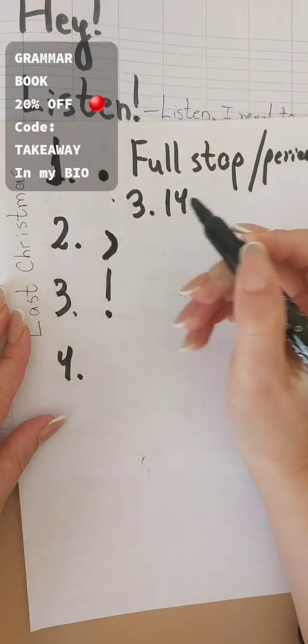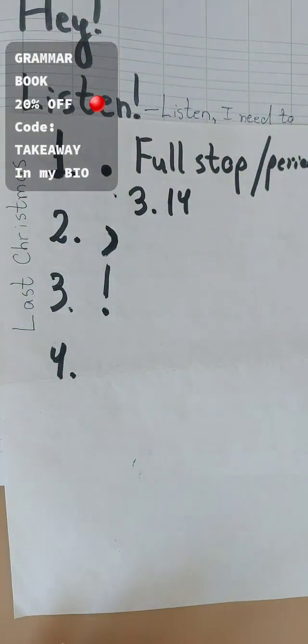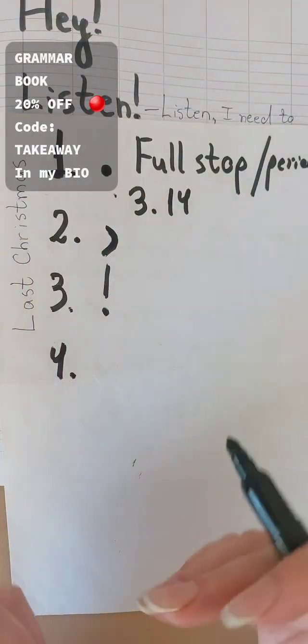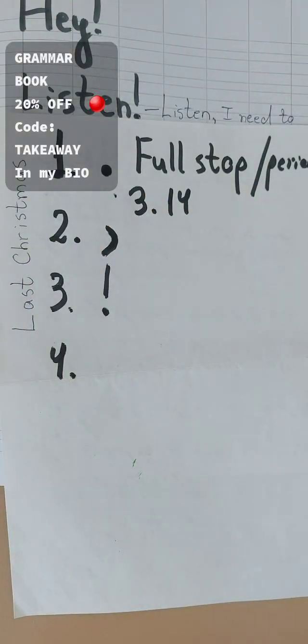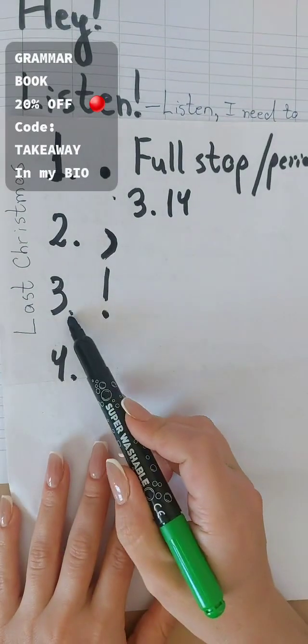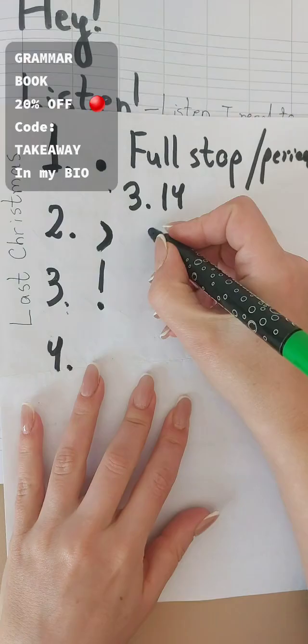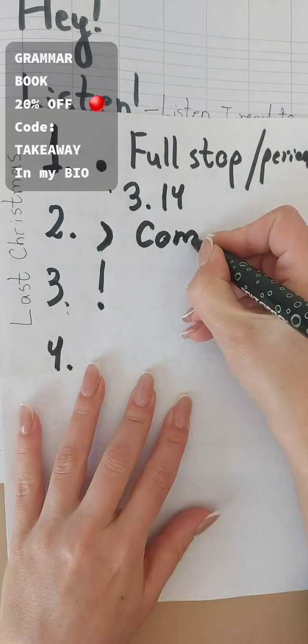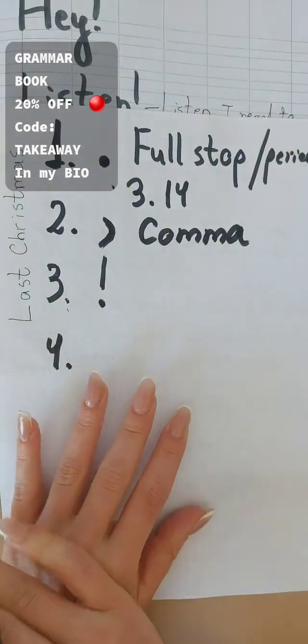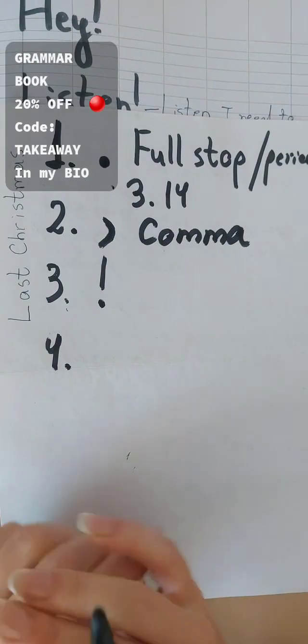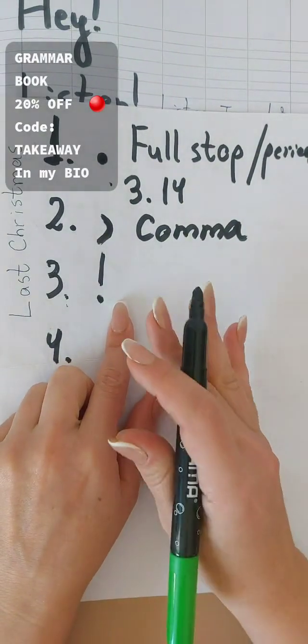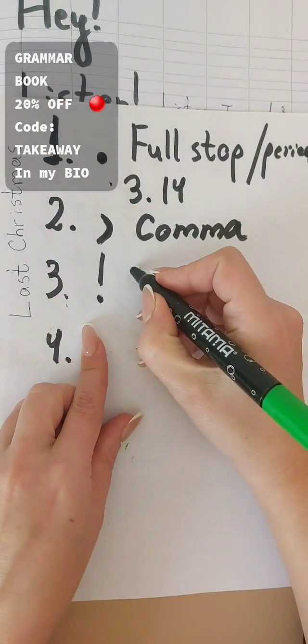Then we have comma. What is comma? To separate ideas, right? To separate ideas. Then we have number 3. So it's a comma. Then we have exclamation mark, shows strong feelings.